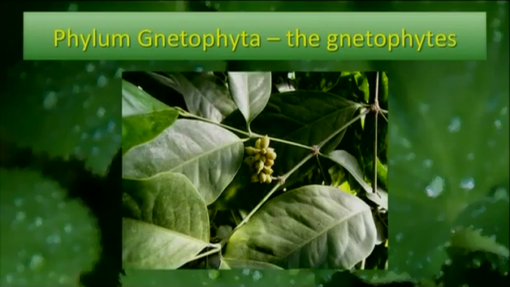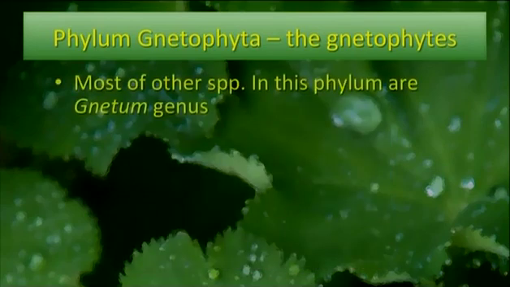We also have Gnetum. This is Gnetum gnemon, and there are the developing seeds on that structure. Did you see it toward the middle of that photograph? Most of the other species in this phylum are in the Gnetum genus.